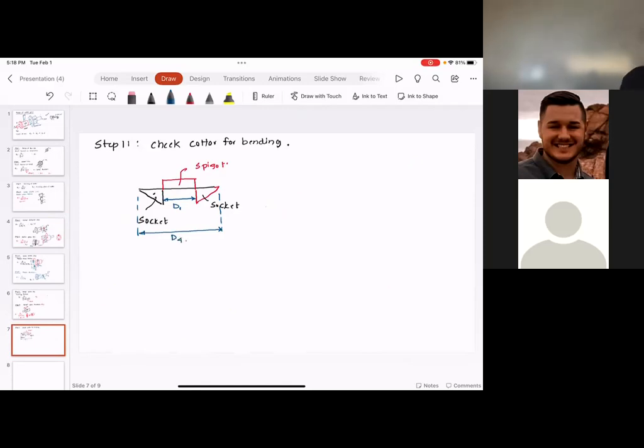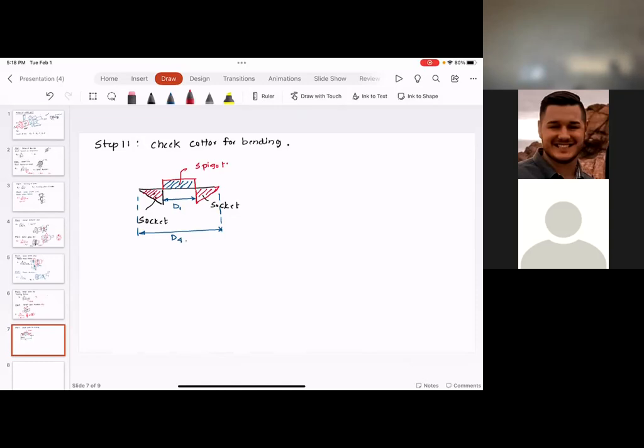Now, this load is rectangular, and this load is triangular. And there is a reason these two different distributions are used for these two types of loadings. If you look at the cotter joint, you have the socket that is holding on the top and the bottom part of the cotter.